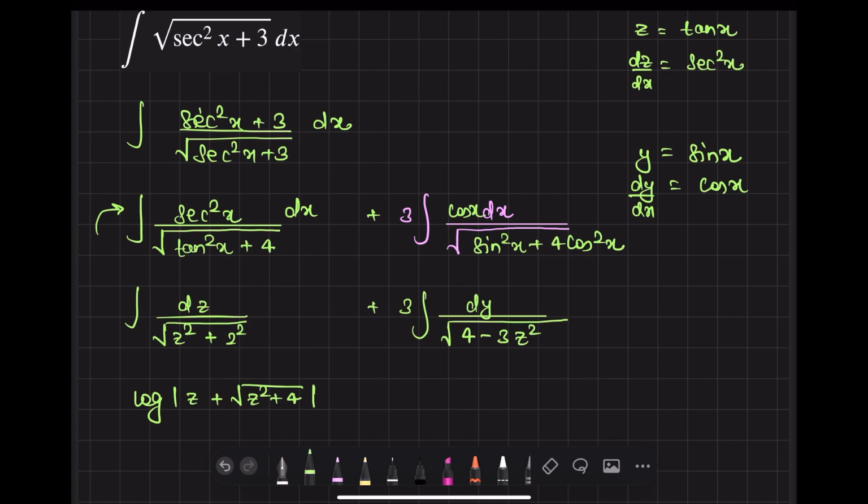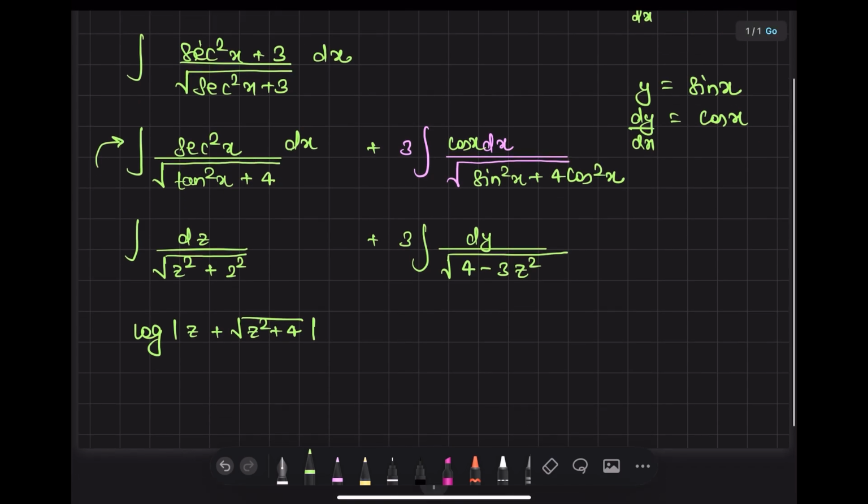Now what I will suggest is to take 3 common, so you should have a square minus x square. You should not have any constant component. So I'll take root 3 common.